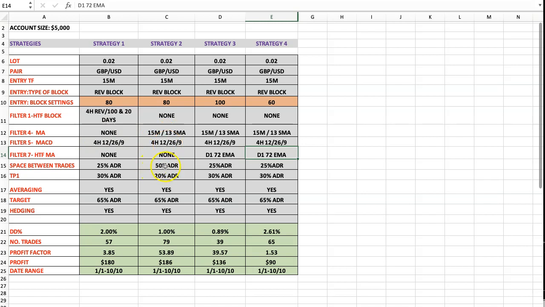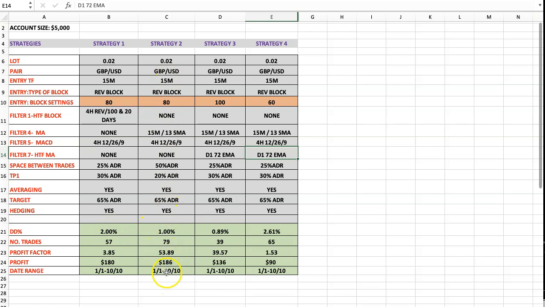And I changed it up in here: space between trades is 50%, and the TP was less, at 20%. Then I got a drawdown of 1%. I got more trades in here, 79 trades. The profit factor was pretty high, and the profit was only $186. So it was just a little bit more, but the best thing here was that the drawdown was definitely 1% less, which is quite a lot if you're trading multiple pairs.